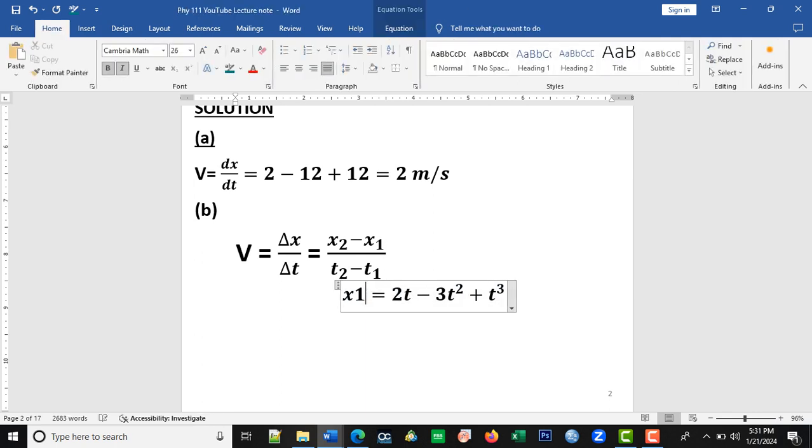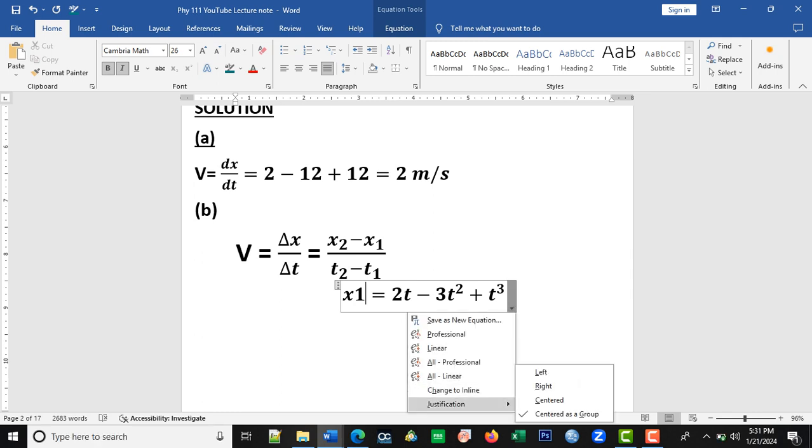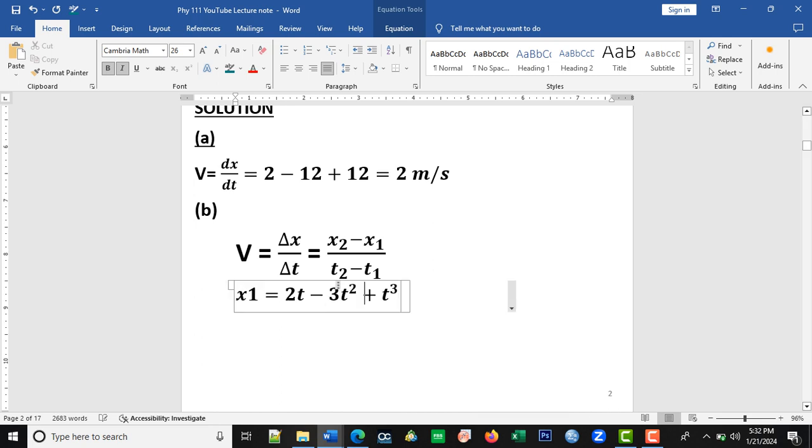Okay, so let me call this x1. Since we had t1 to be 2 seconds, in place of t here, I am going to replace 2.